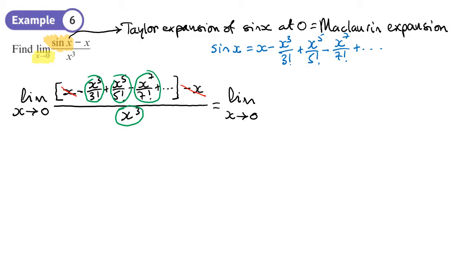So if we do that, obviously the x's are gone. So now what we've got is 1 over 3 factorial plus x squared over 5 factorial minus x to the 4 over 7 factorial plus dot dot dot. Just realised I missed out a minus sign here. So let's put that in because I had a minus sign from before.